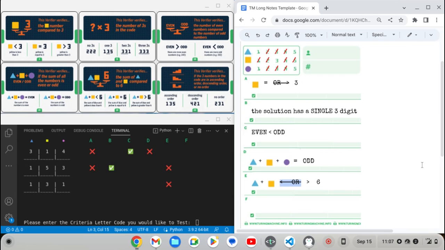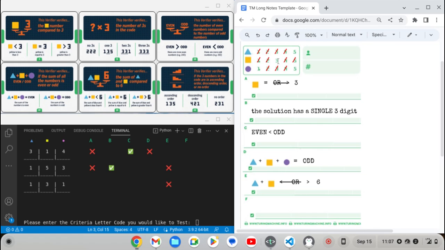Okay, so that means triangle cannot be a 1. So there's our greater than, 5, 3. And it comes down to being either descending or no order.